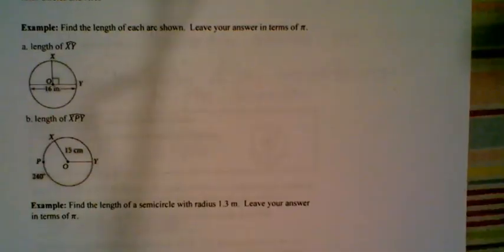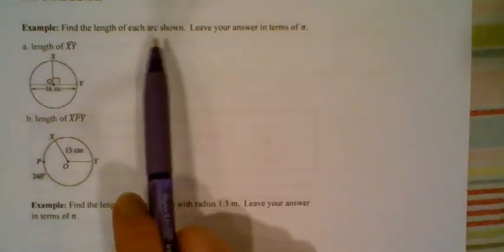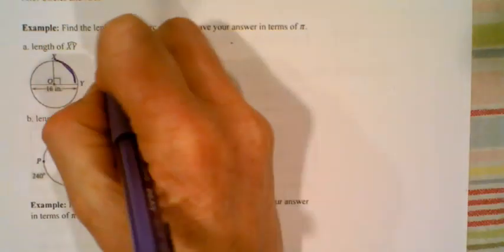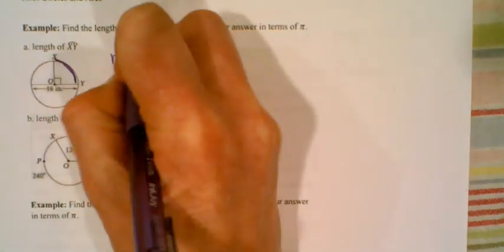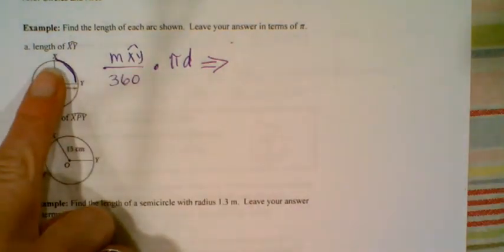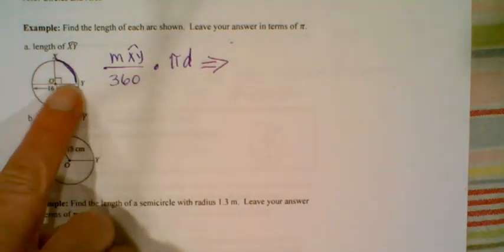Look at this example on the next page. It says to find the length of each arc shown, leave your answers in terms of pi. So we're trying to find the length of XY. We are going to take the measure of XY, put that over 360 to find what fraction of the circle's circumference, times the circumference. So we know that the measure of this arc is 90 degrees.